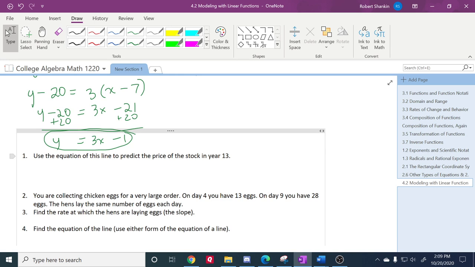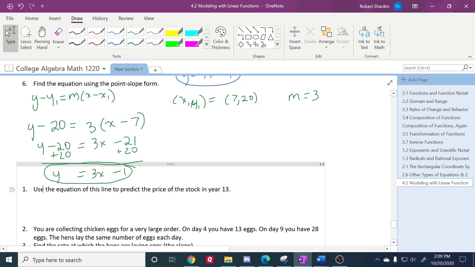All right. Use the equation of this line to predict the price of the stock in year 13. So, x, again, is the year. y is the price of the stock. And we see y equals 3x minus 1.